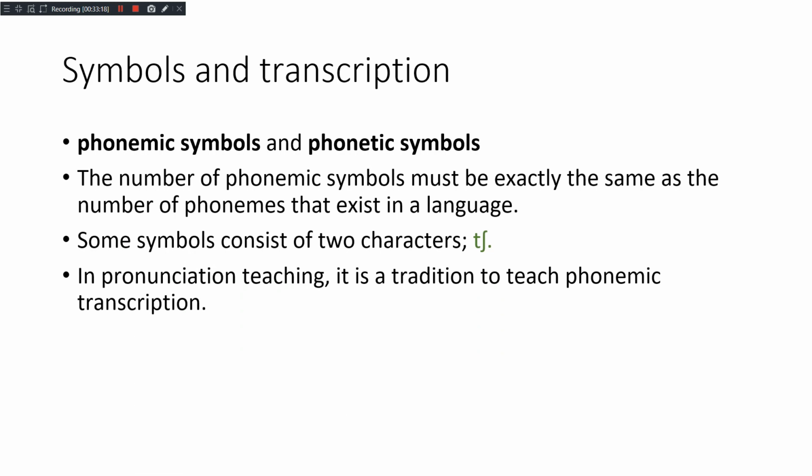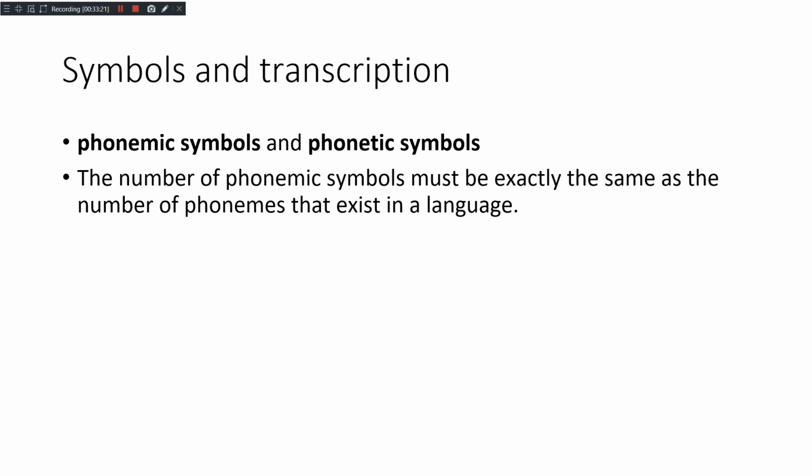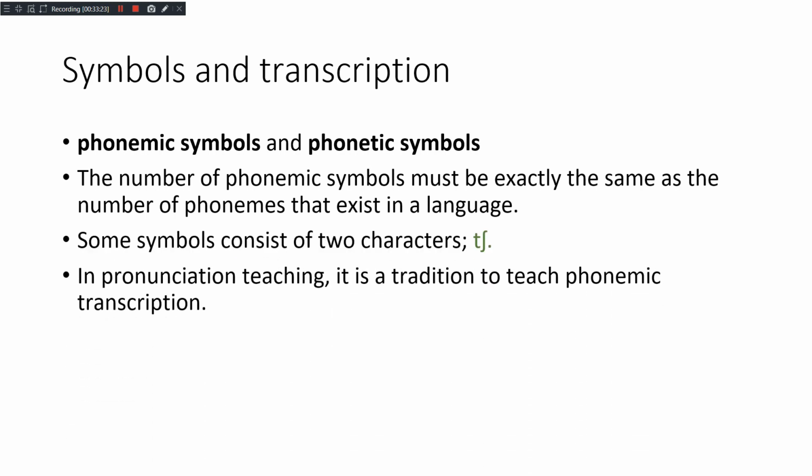Some symbols consist of two characters. Therefore, we regard tʃ as one symbol which represents the sound that's found at the beginning of the word ch. It has two characters. The first character is t and the second character is ʃ, but we regard it as one symbol. dʒ is also a similar case, which consists of two characters, but it is one symbol that represents one phoneme.